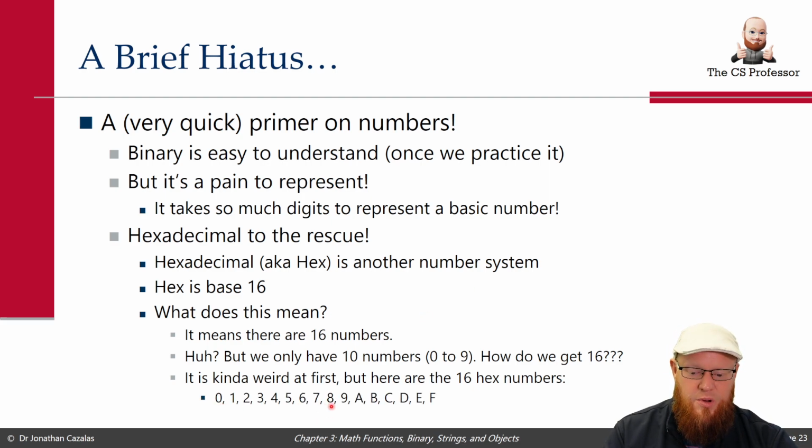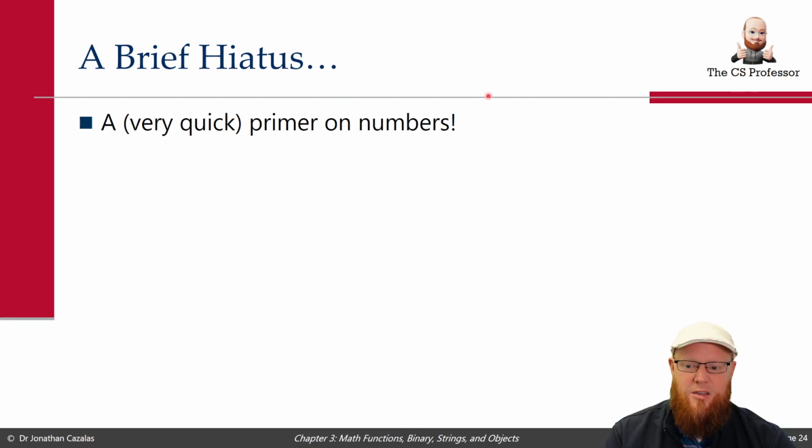It's 0 through 9, which are the first 10 numbers, and then we have A, B, C, D, E, F. Those are numbers in the hex counting system, in hexadecimal. A, you could say, counts as 10, B is 11, C is 12, D is 13, E is 14, and F as 15. It's funky, but it's valuable, and we're going to see how valuable it is.